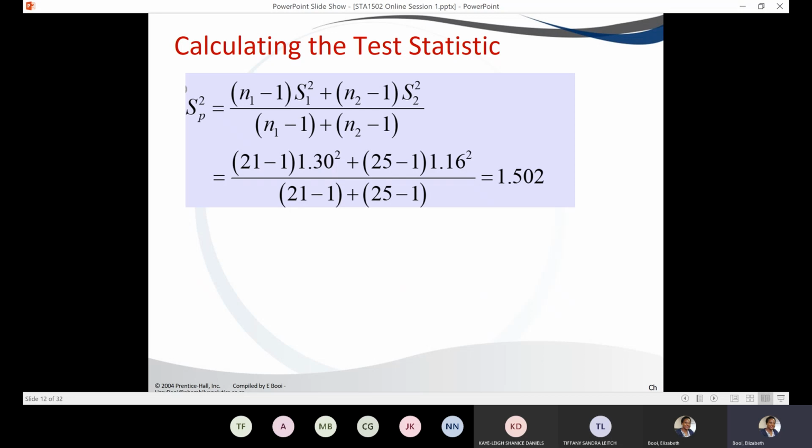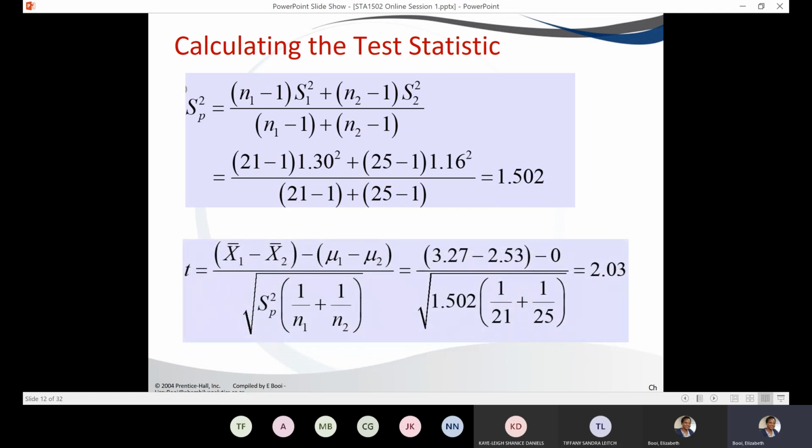So we square the standard deviation, plus the sample size of the Nasdaq, which was 25 minus 1, and the sample standard deviation was 1.16. So we square that. Divide by sample size 1 minus 1 plus sample size 2 minus 1, so it's 21 minus 1 plus 25 minus 1. If you calculate the whole equation, you get that the answer will be 1.502.